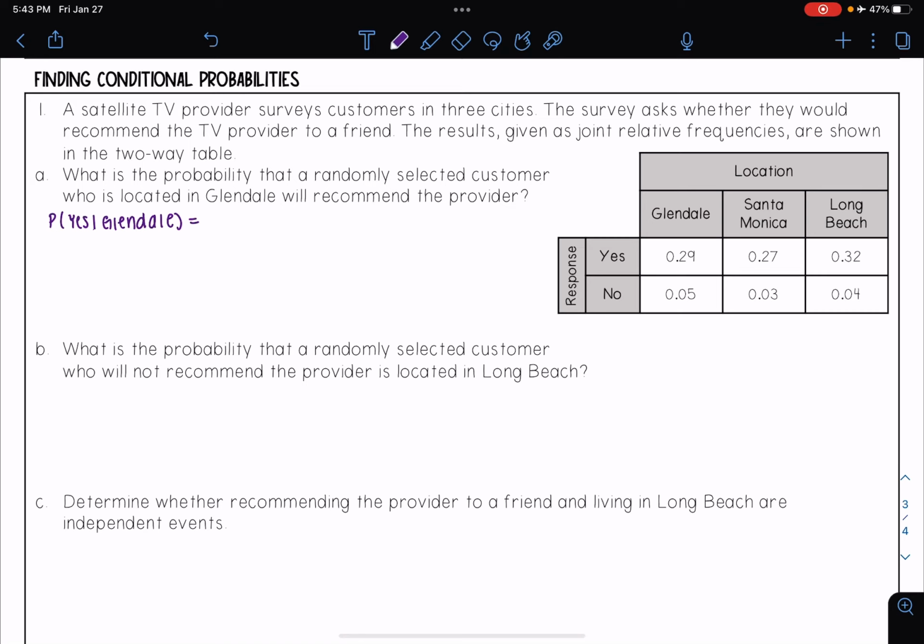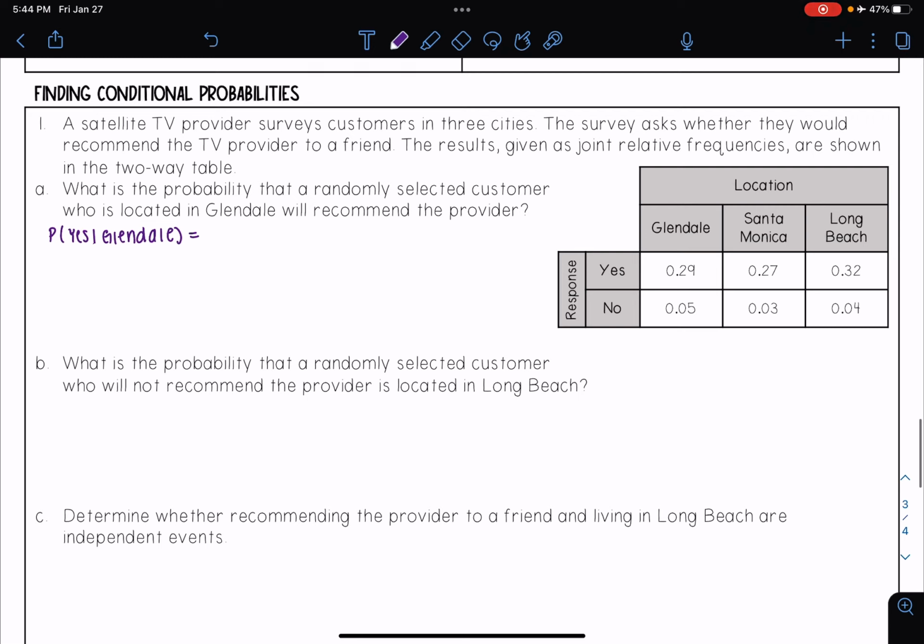So we need to remember, how do we find conditional probabilities? What was that formula? We learned that the probability of B given A is equal to the probability of A and B divided by the probability of A. Notice that the probability that's by itself on the bottom is our given event.